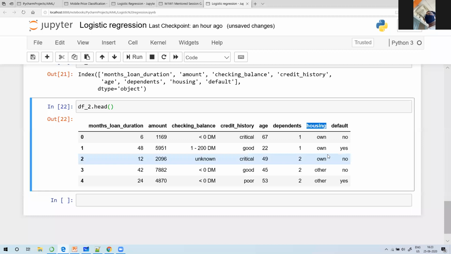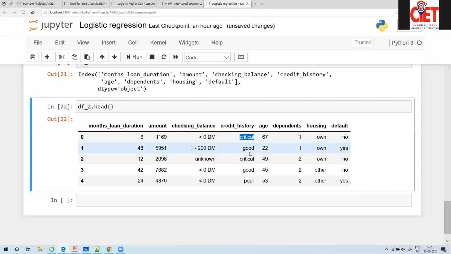Just like in linear regression, to predict y, we say y is equal to beta naught plus beta 1 x plus something and so on. But if you say beta 1 into credit history, which takes values like critical, good, poor, how can you use this character data in a mathematical equation?